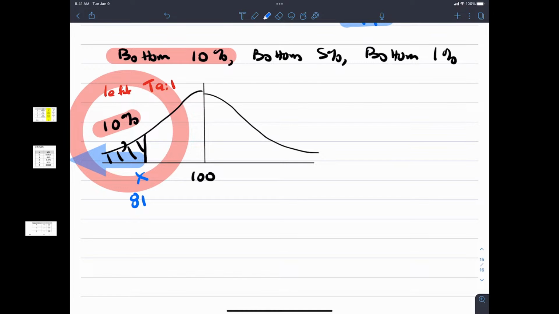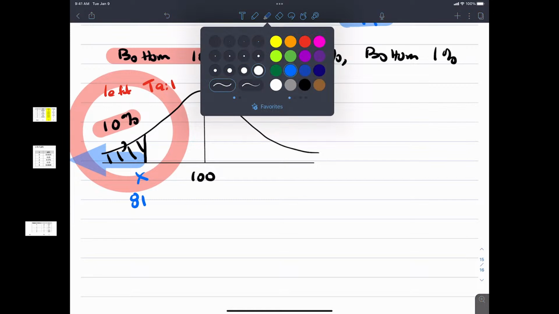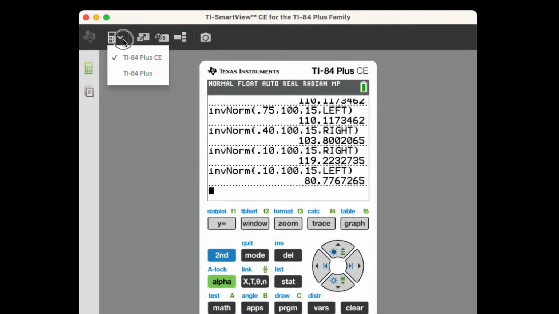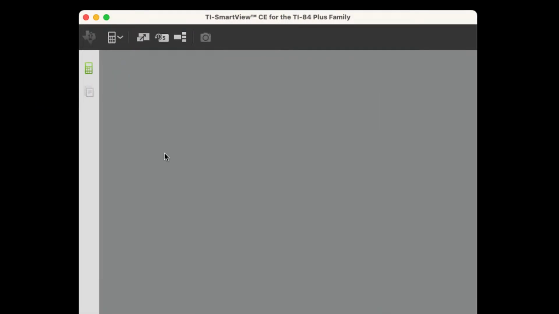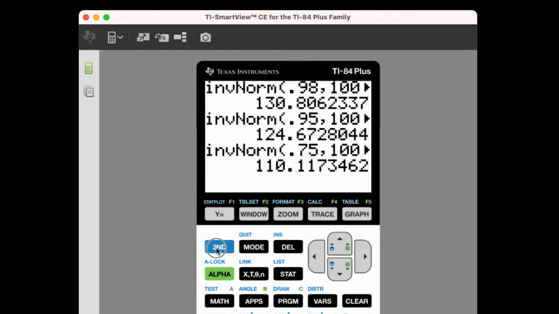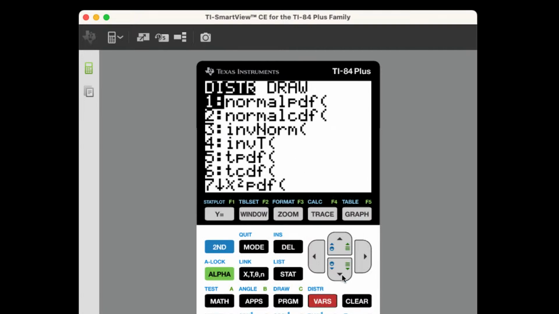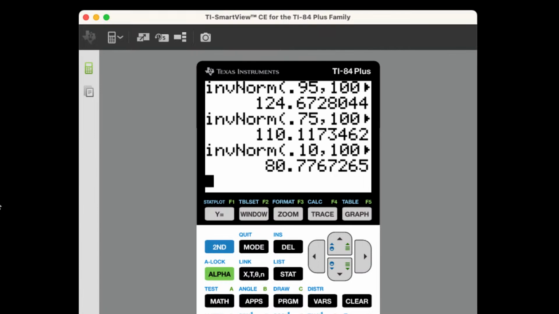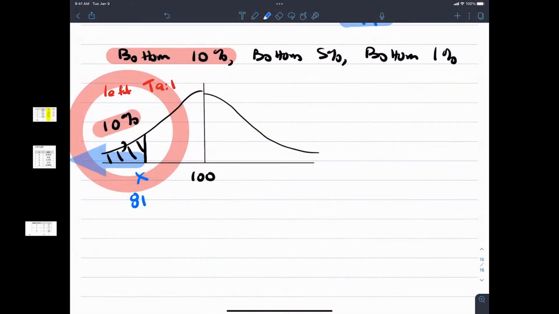Okay, you guys okay with that? Compare that to, and what if you said, but Mr. Judge, what if I have the default? Remember all you default people? You go, well, what would I do? I have this calculator. I'll say, okay, go to second, go to distribution, go to inverse norm. The area you're going to say is 10% still, but your default was always to the left. So in that case, it's still what we got, because it's area to the left of that value.